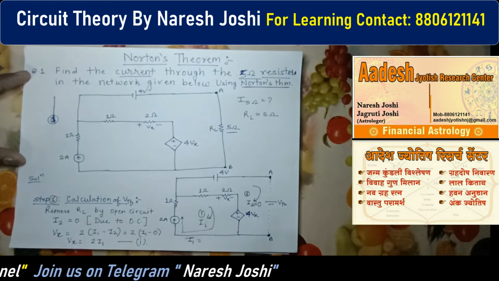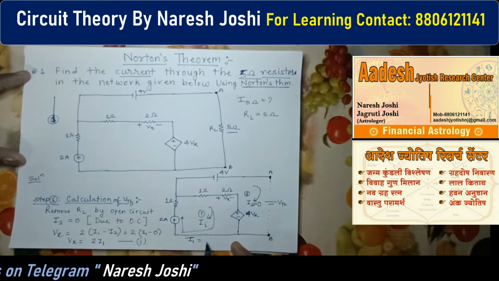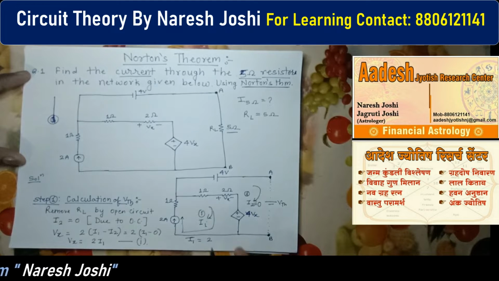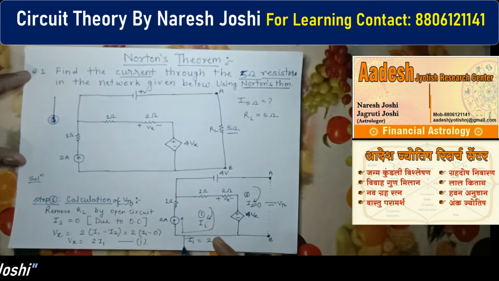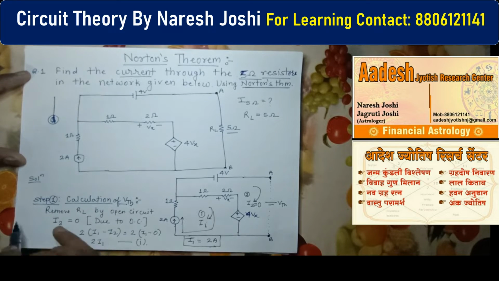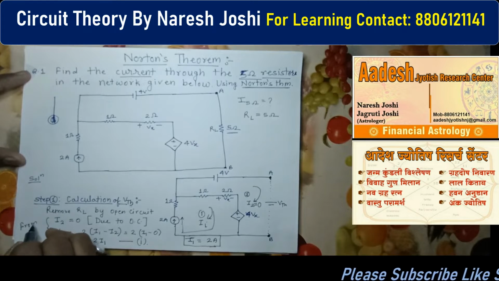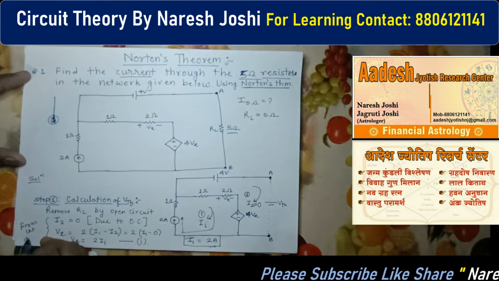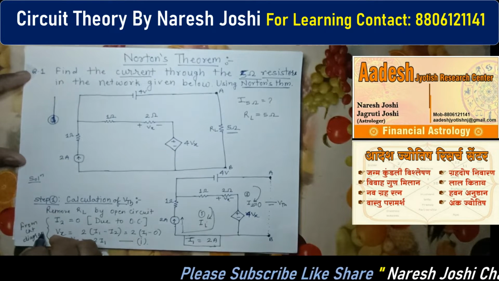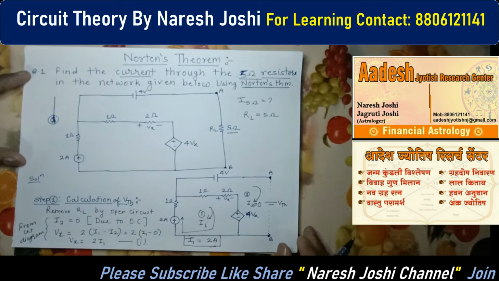So you can easily write I1 equals 2 ampere. We have found this 2 ampere from the circuit diagram. All these parameters we are calculating from the circuit diagram. Clear?